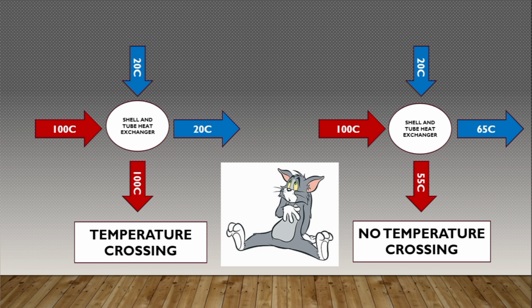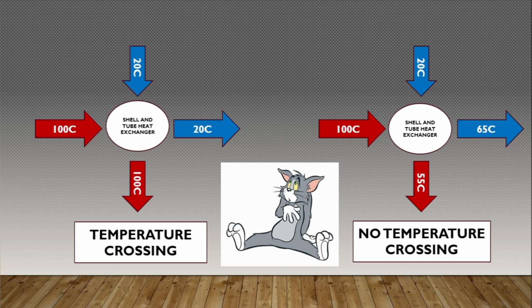Our hot outlet is the 100 Celsius stream coming out at a cold temperature of 20 Celsius, and the cold inlet comes out at an outlet temperature of 100 Celsius. It comes out hotter than the hot stream which goes into the heat exchanger. With that, we have temperature crossing, and that is not desired in the shell and tube heat exchanger. It sounds a bit confusing, but when we get to model, you will understand more.